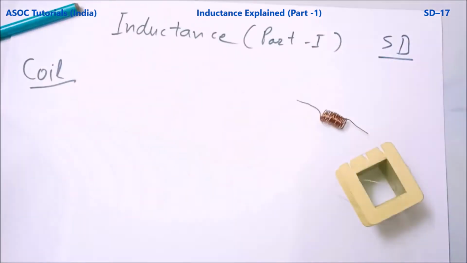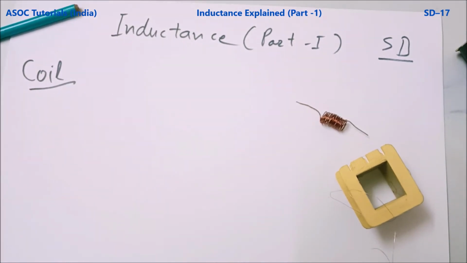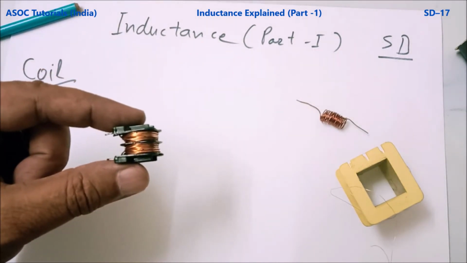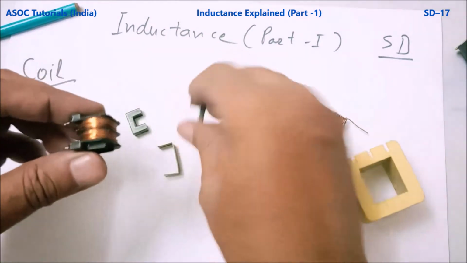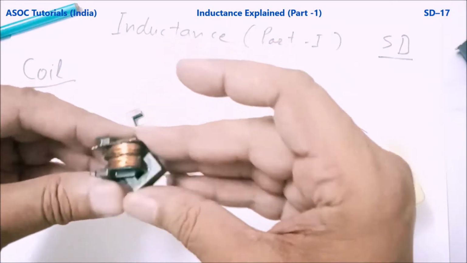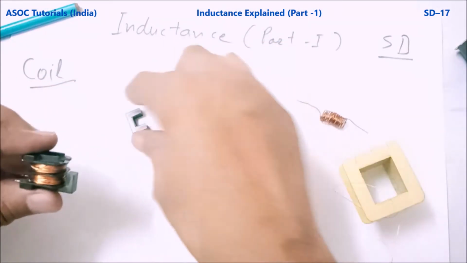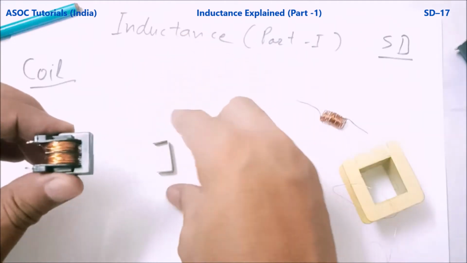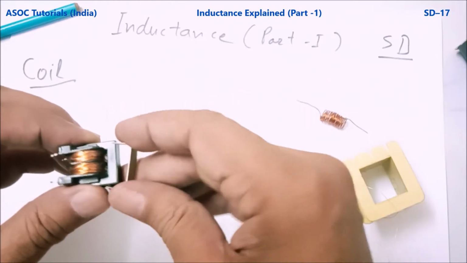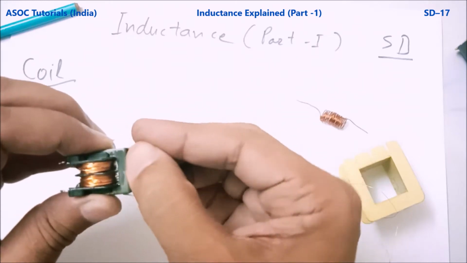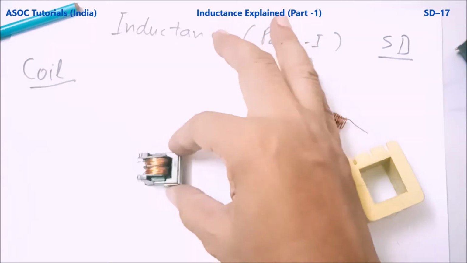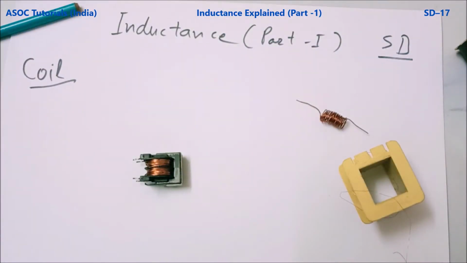The third one is the ferrite type. See, this is the coil and this is ferrite. I am going to insert it, and now lock it. So this is a ferrite type inductor.